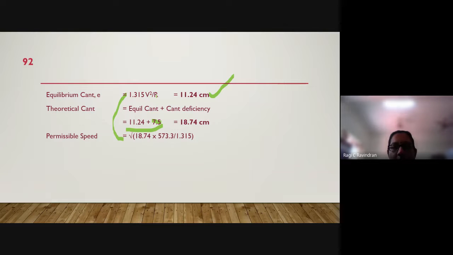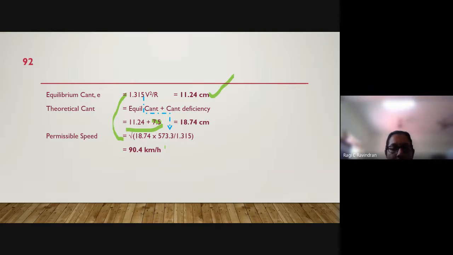Then R is 573.3. So we are using this equation to find out the permissible speed by substituting these values, 18.74 as the E value and 573.3 as the radius. All of you please check whether you are getting this as the permissible speed.